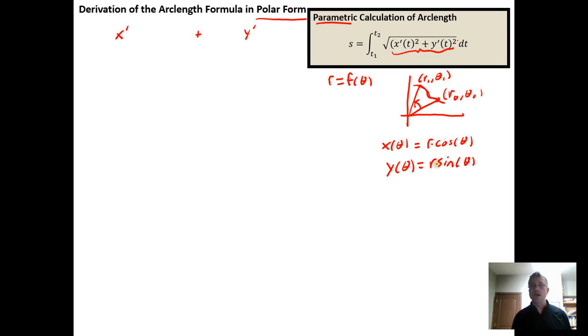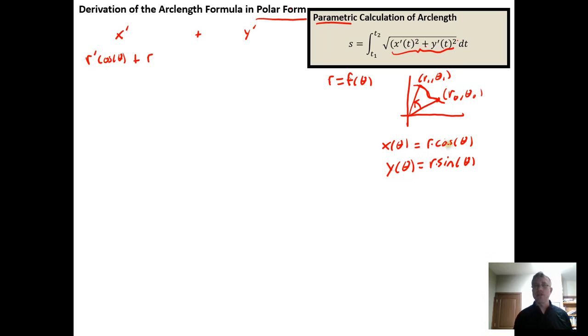So this is going to be a product rule. Because r is a function of theta, we would need to use the product rule. Radius isn't a constant. So by the product rule we would get r prime times the cosine of theta, plus r times the derivative of the cosine.